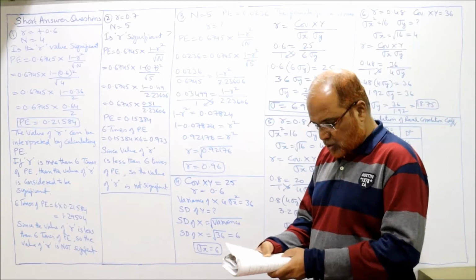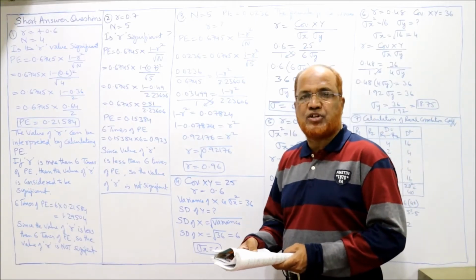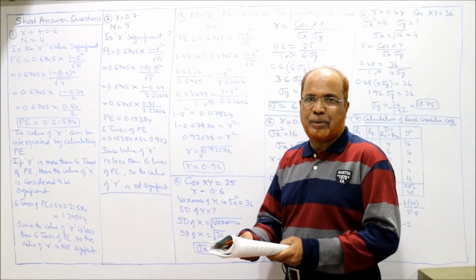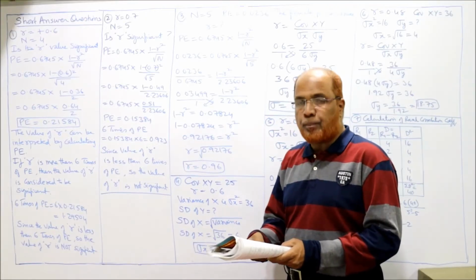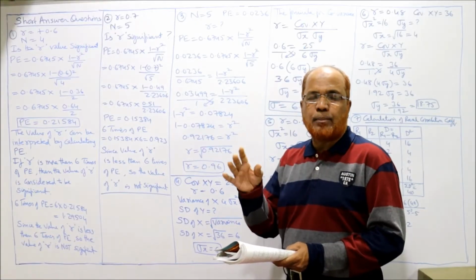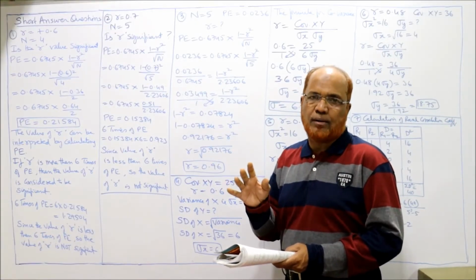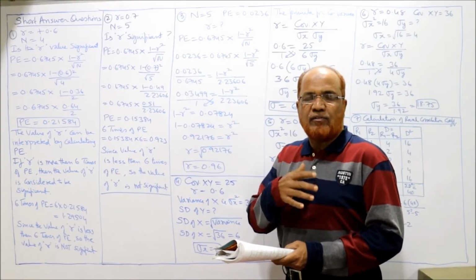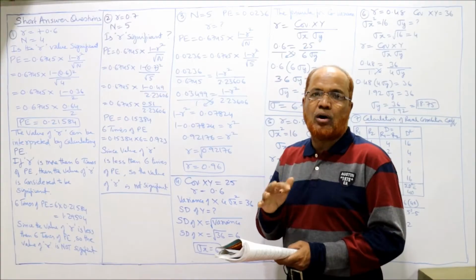If R is equal to 0.9, correlation coefficient is given 0.9, and N is equal to 10, number of pairs 10. Find out the probable error. So probable error is a technique to interpret the value of R: whether R is significant or insignificant, whether we can rely on the value of R or not.